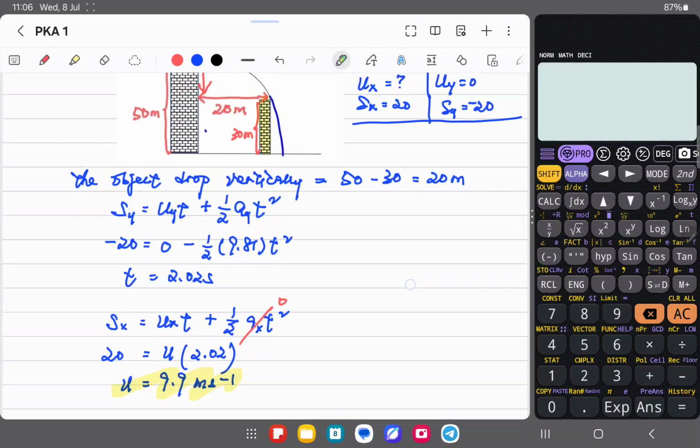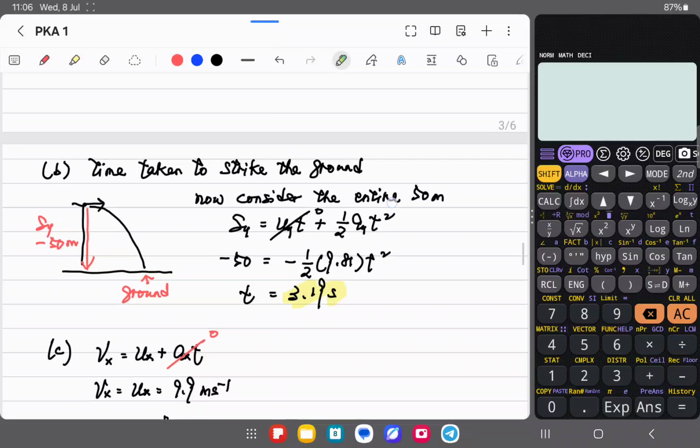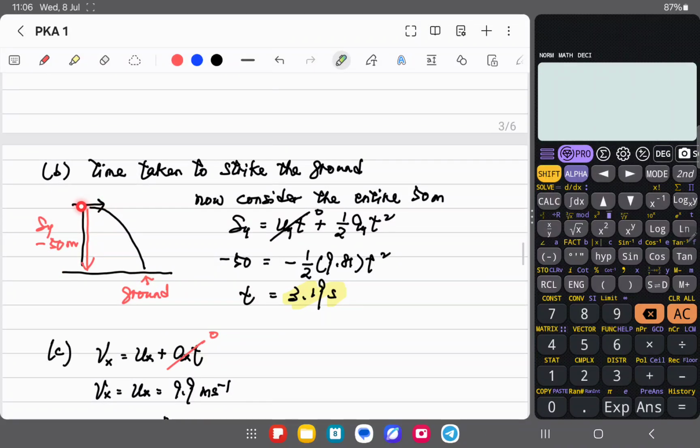Then for the second question, I want to find the time taken for the object to strike the ground. In order to strike the ground, we consider the whole 50 meters. As the object lands on the ground, it has already moved downwards 50 meters.